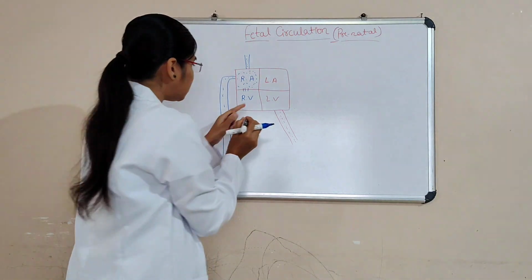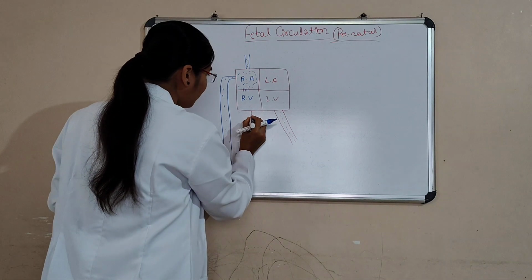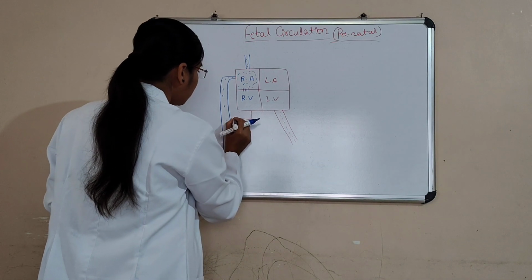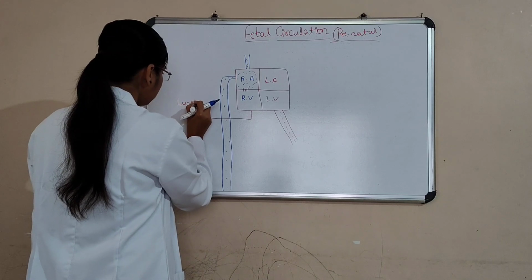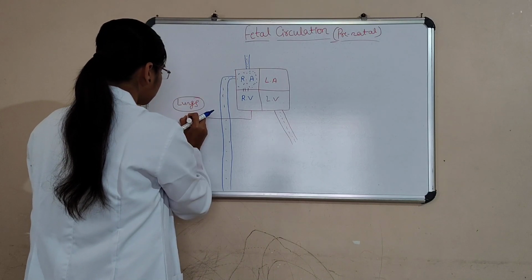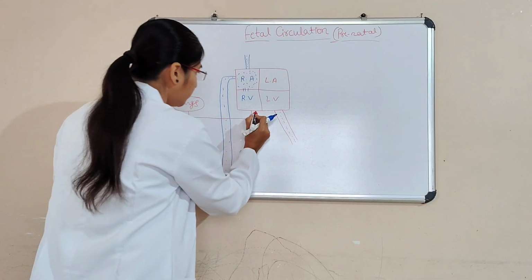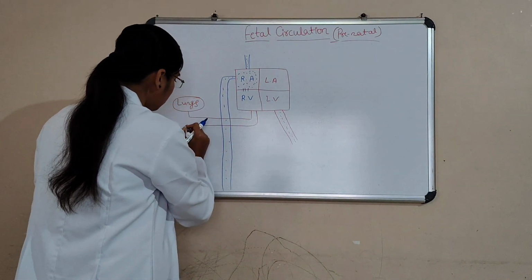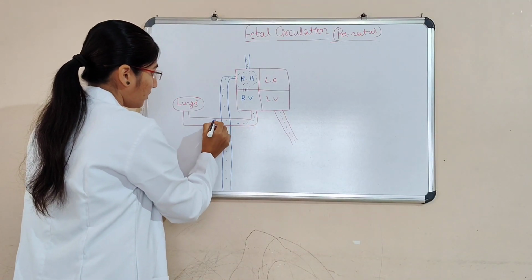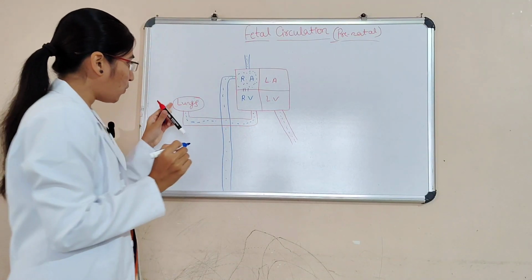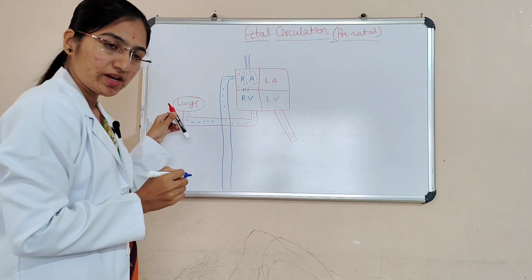After entering the right ventricle, this deoxygenated blood goes to the lungs through the pulmonary artery. Here pulmonary circulation takes place. This is very important.